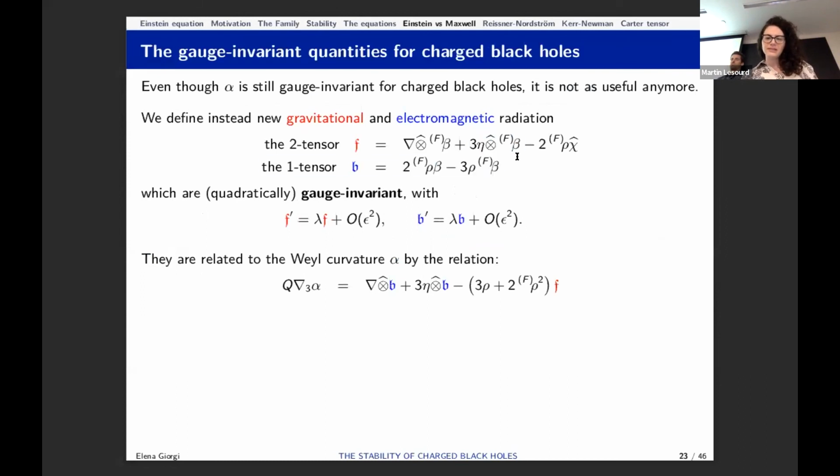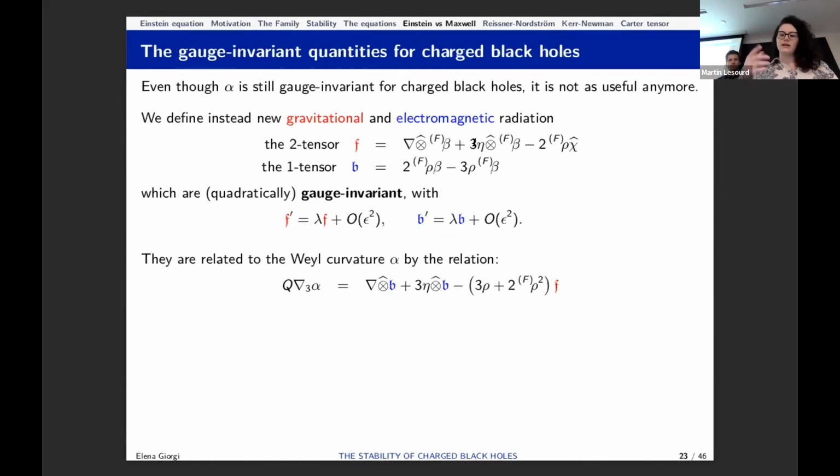Now this beta F is 0 in the background, but eta is not. So this is the full definition in Kerr-Newman. In Reissner-Nordström you wouldn't have this term. But in Kerr-Newman, this term is linear because beta F is 0 in the background, but eta is not.